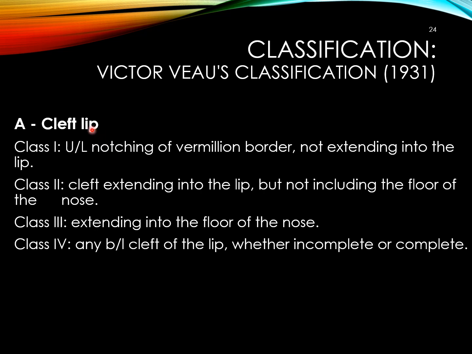This author proposed to divide all clefts into cleft lip: class 1, unilateral notching of the vermilion border, not extending into the lip; class 2, cleft extending into the lip but not including the floor of the nose; class 3, extending into the floor of the nose; and class 4, any bilateral cleft of the lip, whether incomplete or complete.